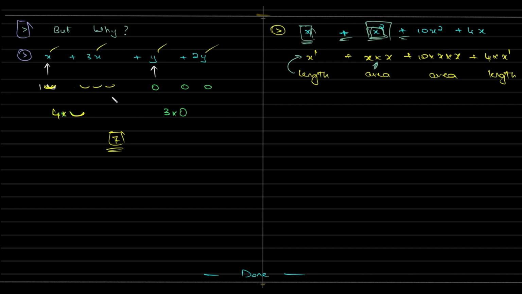So that's why you cannot basically add variables with 2 different letters, and you cannot add the same variable with 2 different powers. Okay, I hope some sense of why we should not add or subtract unlike terms made sense to you guys.